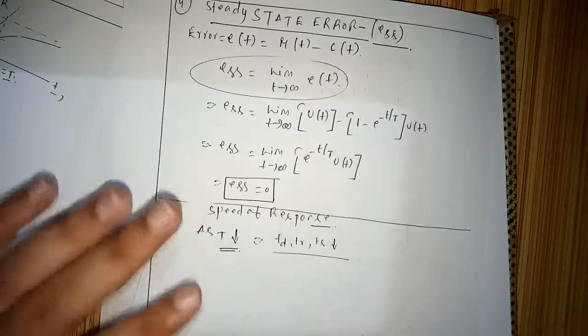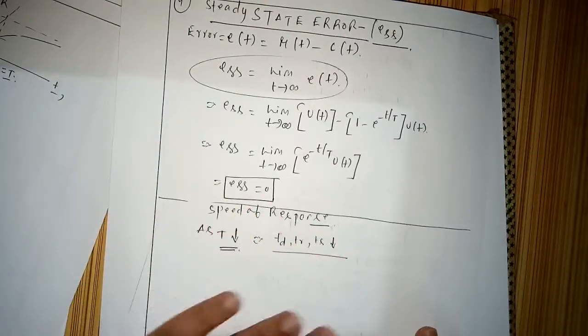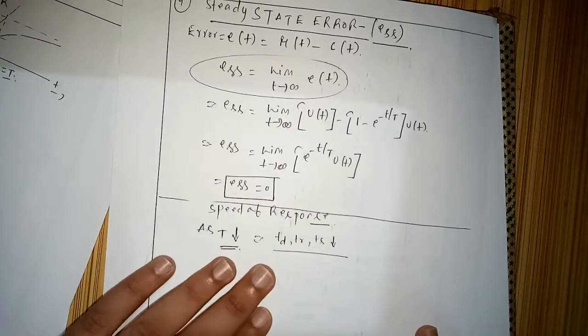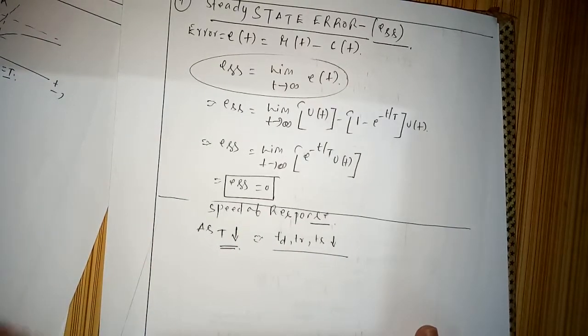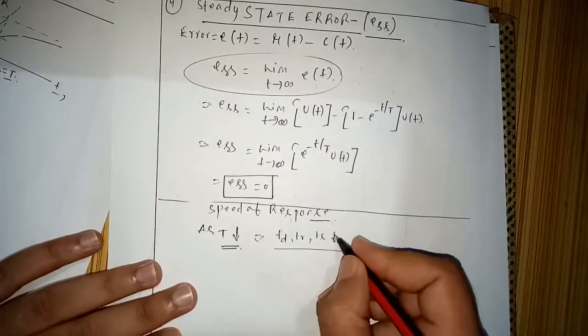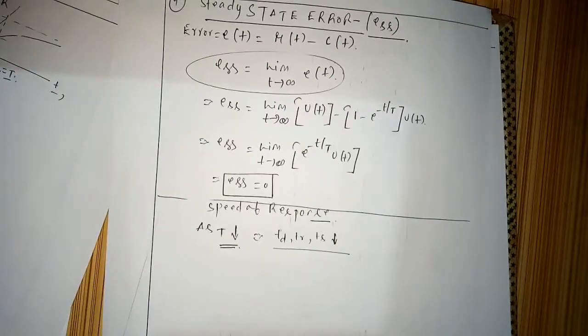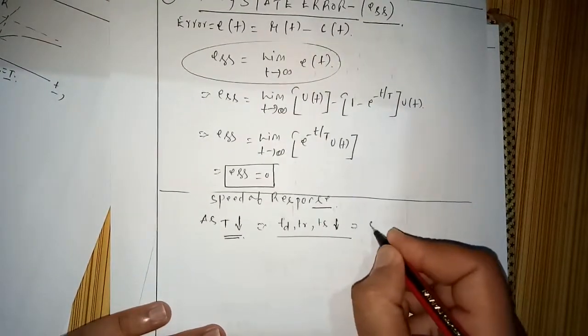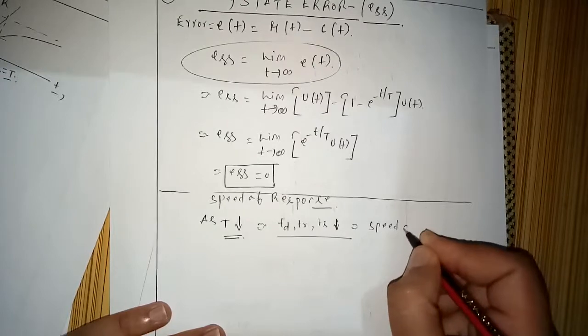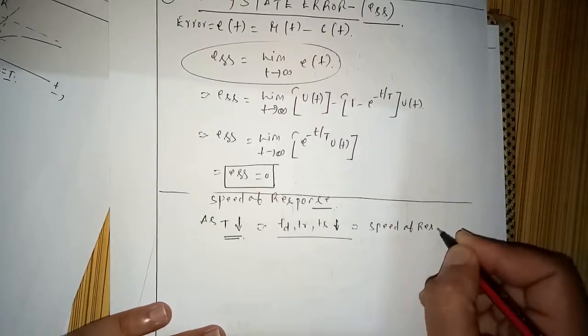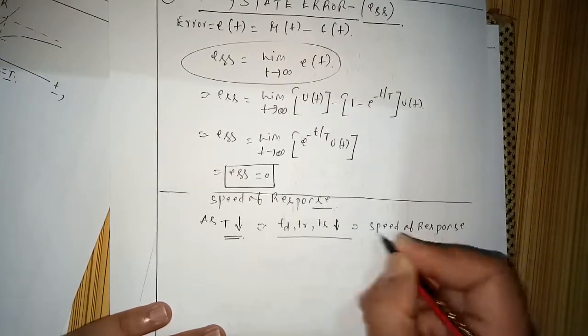These are the important characteristics in time response analysis: how good a system responds, how quickly a system responds. So if these decrease, I can say my speed of response increases. If speed of response increases, that is good.